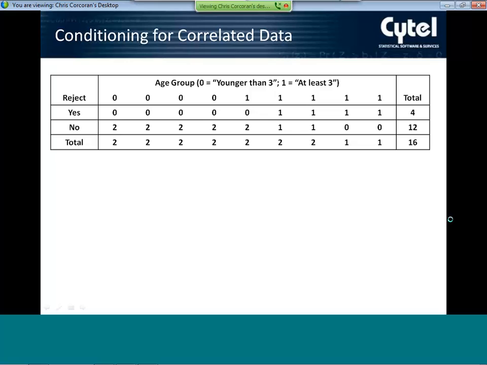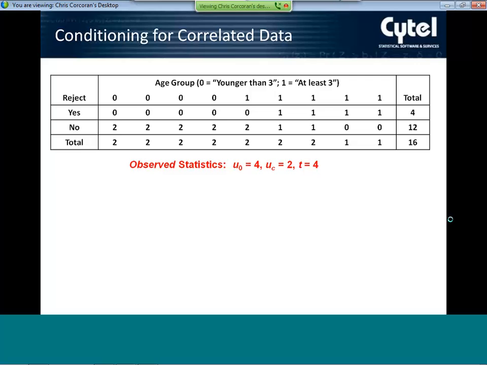Now again, how does this work? Well, here's our observed table. We have the row margin, which is 4, the number of total rejections. We have this correlation statistic, which is 2. And then we have our test statistic, which is 4. So how do we proceed with an exact test?